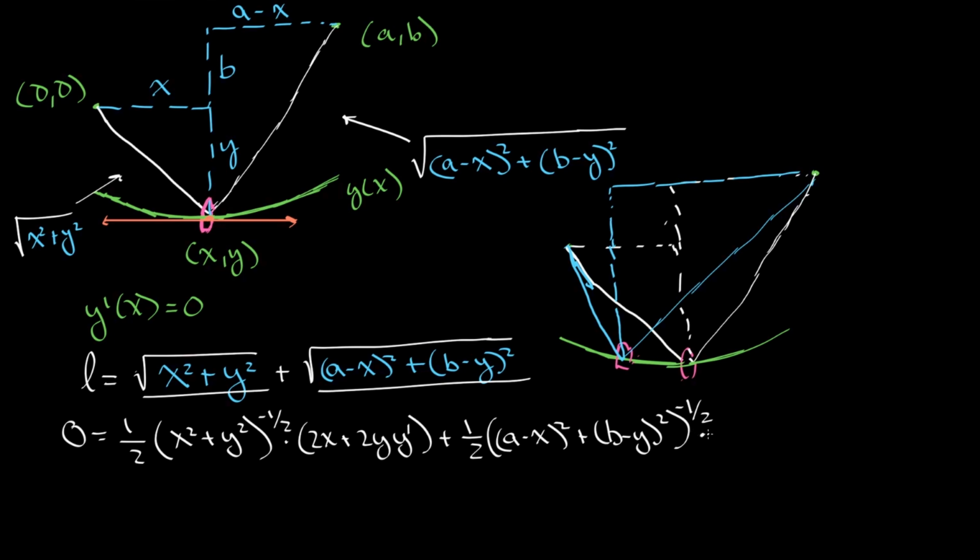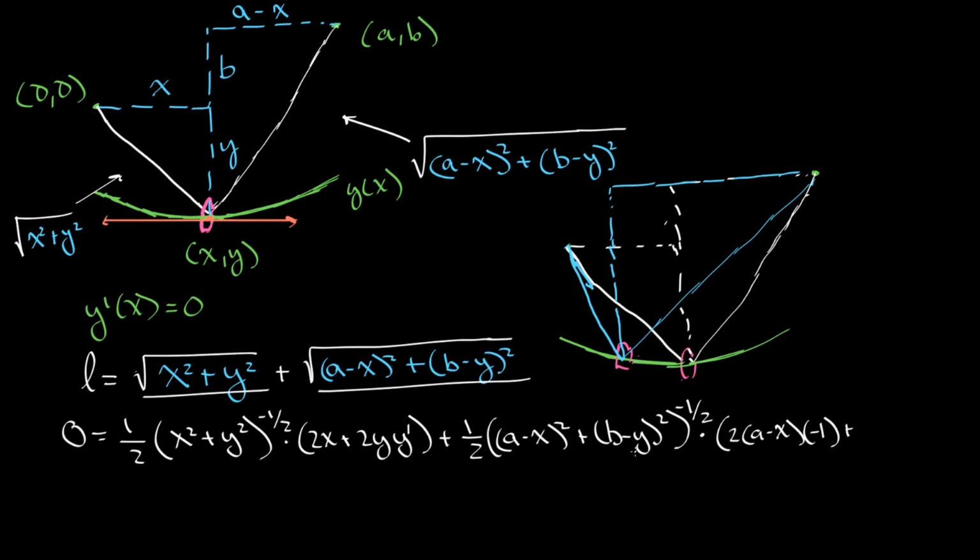So it's just an endless chain rule. So we have, what's the derivative of (a minus x) squared with respect to x? Well, it's going to be 2 times (a minus x), and then the derivative of a minus x with respect to x is negative 1. This is times negative 1.